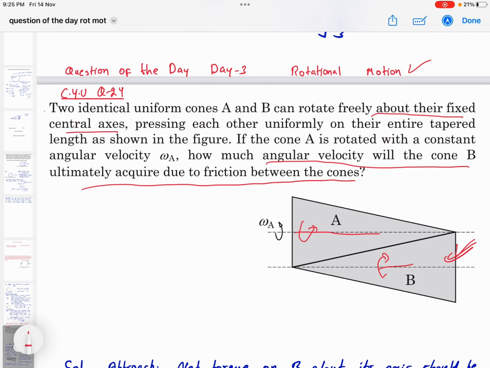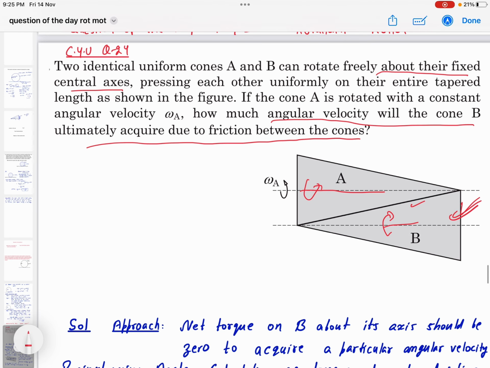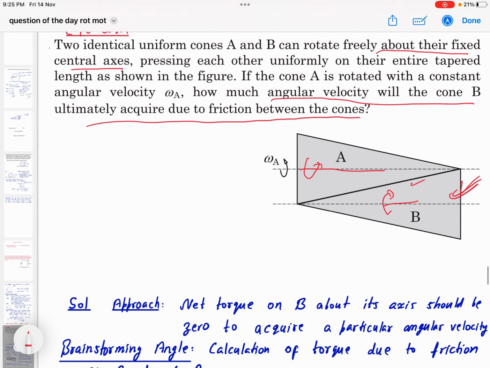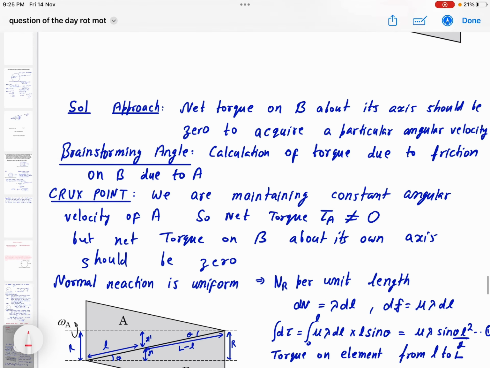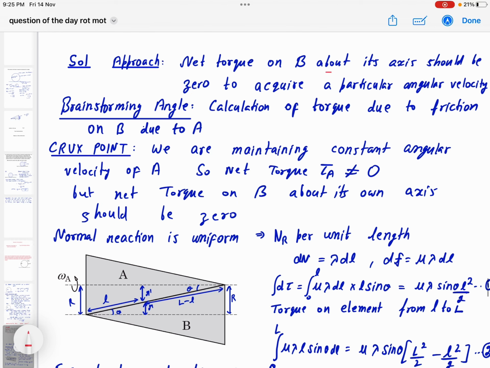So our approach should be to find the net torque on B due to friction. Net torque on B about its axis should be 0 to acquire a particular angular velocity, so we need to calculate the torque due to friction on B due to A.